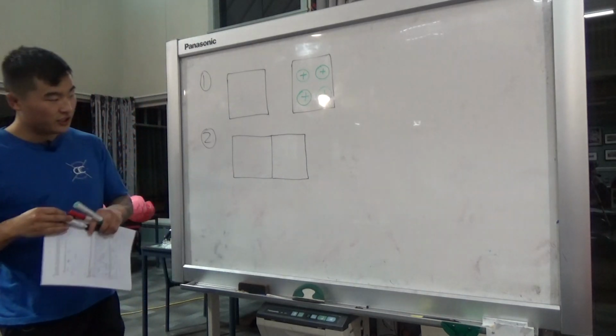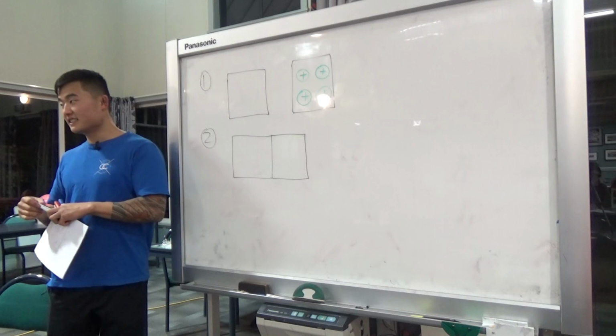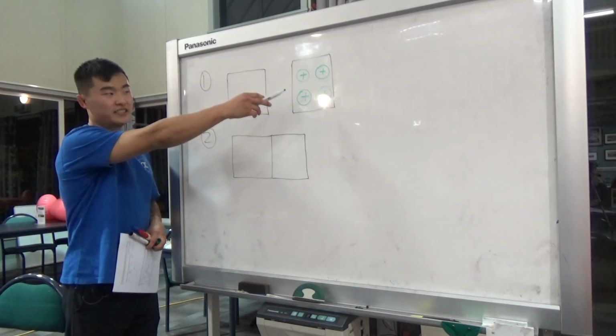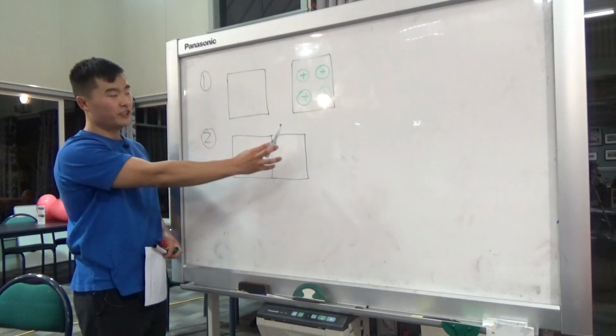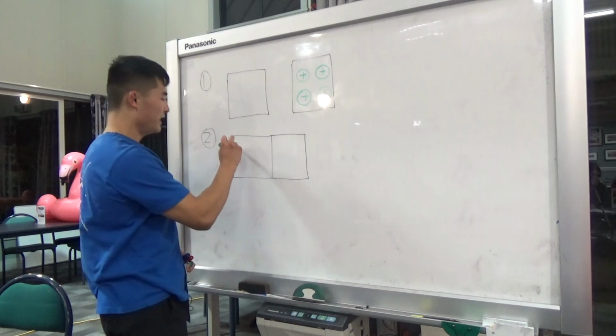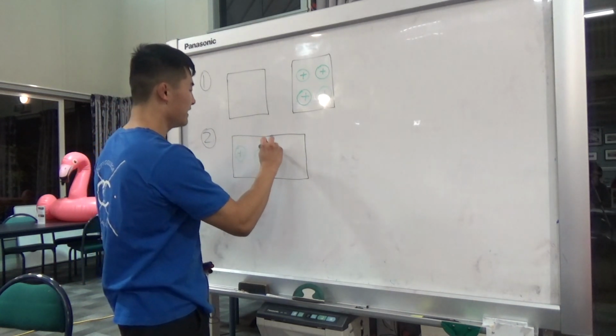Okay, so when they come into contact, what's going to happen to the charges? They're both conductors. Well, these positive charges don't like to be next to each other, so the charges are going to spread out evenly, like that.